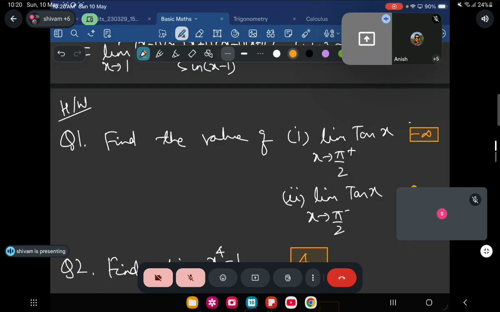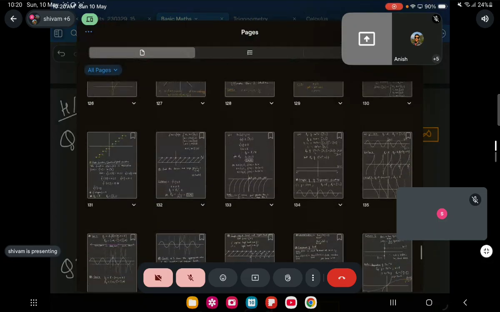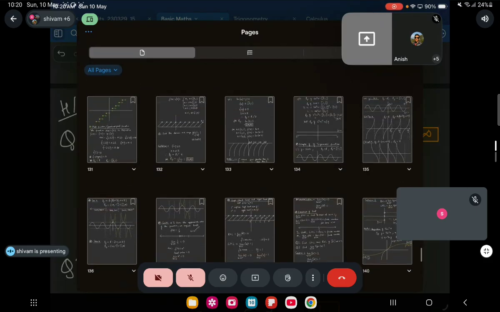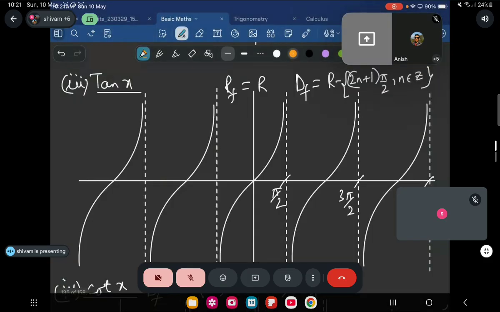The first one, what do you have a doubt in? Yeah. So limit x tends to pi by 2 plus and pi by 2 minus, right? This is the graph of tan x, right?